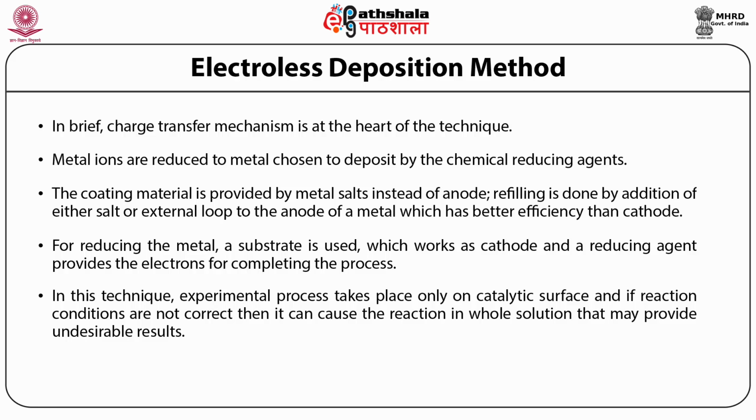In this technique, the experimental process takes place only on the catalytic surface, and if reaction conditions are not correct, then it can cause the reaction in the whole solution that may provide undesirable results.